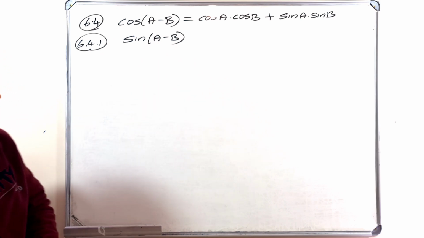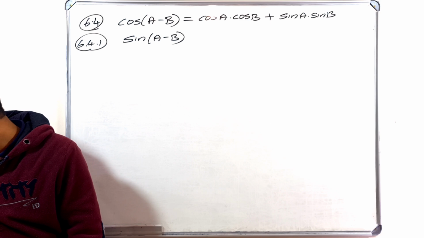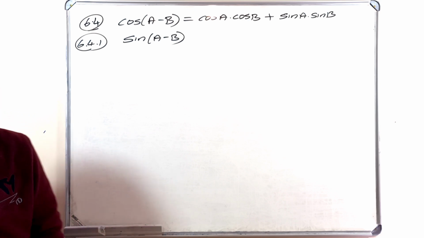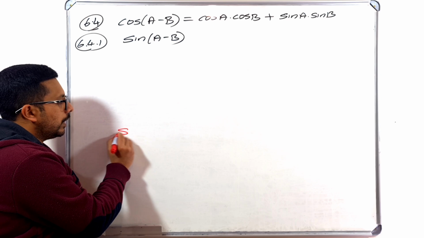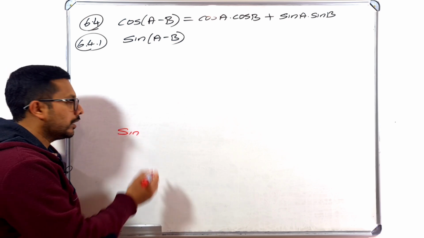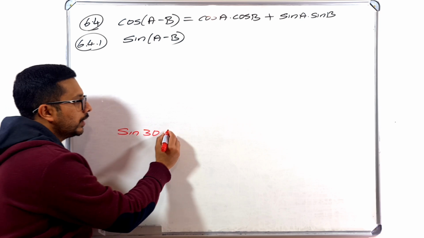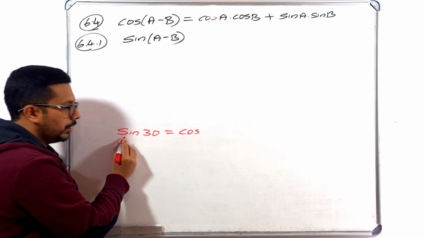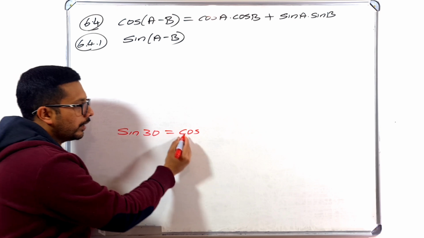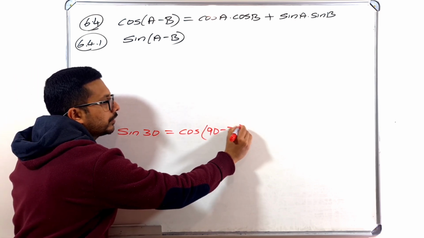It's like a theorem that you have to know. It's a frequent question. Before I explain that one, try to understand like this. Sine of, let's say, sine of 30. I can write it as cos of 90 minus 30.